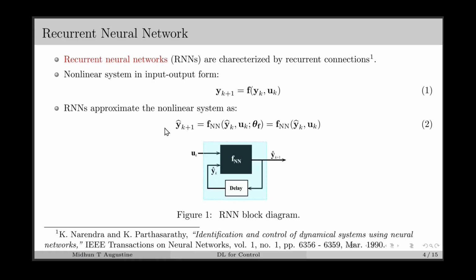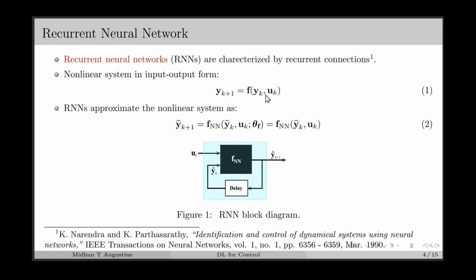In general, recurrent neural networks are characterized by recurrent connections, which are also feedback connections, as can be shown in this figure 1. This is one of the most simple versions of the recurrent neural network. Here we have a recurrent connection from the output layer, and this particular structure can be used for representing a nonlinear system in input-output form as in equation 1, where we have y_{k+1} equal to a function of y_k and u_k.